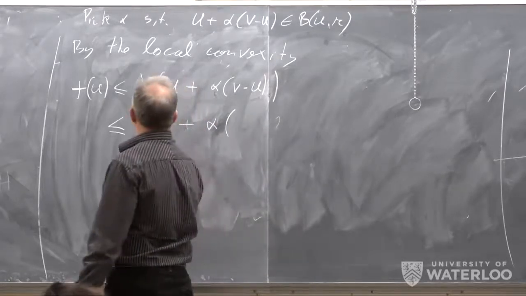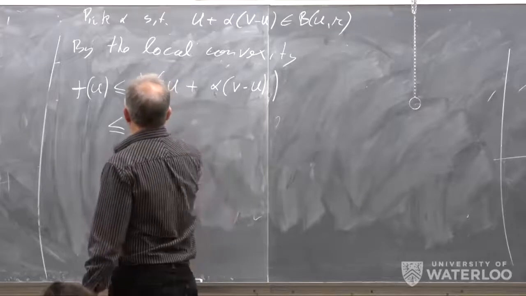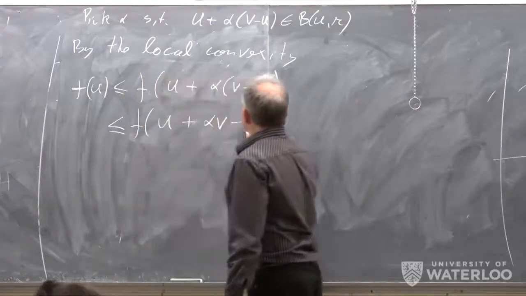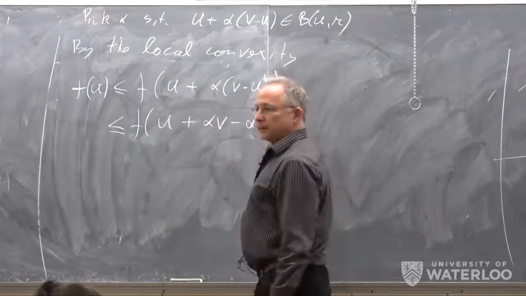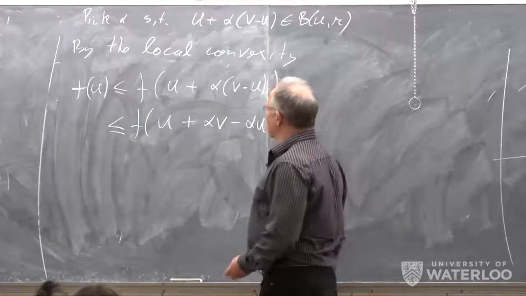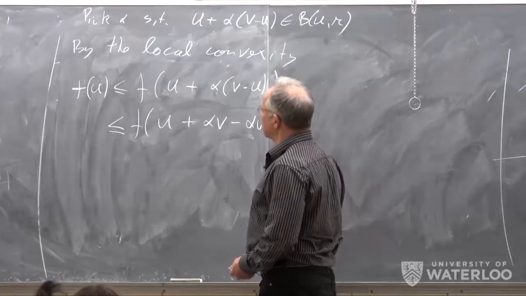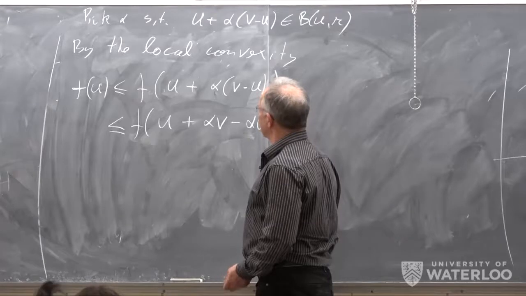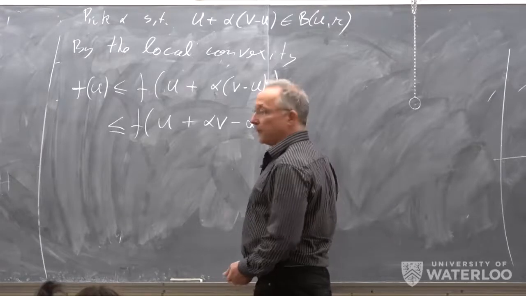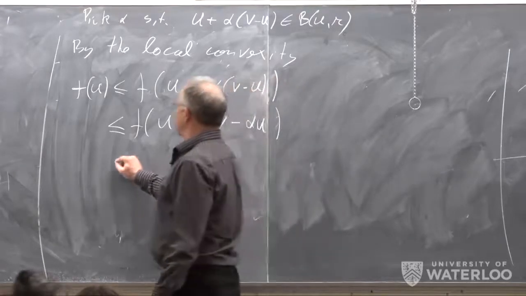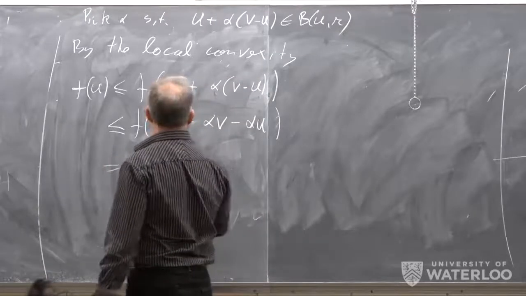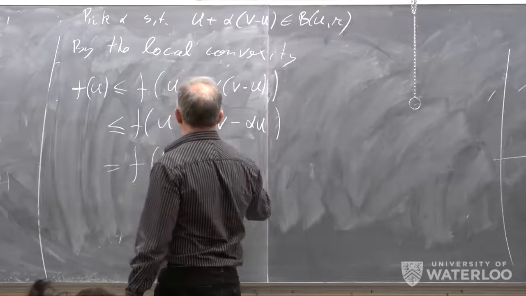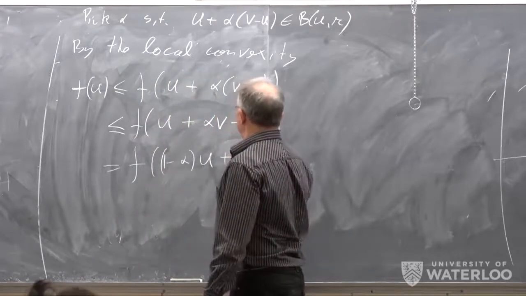Or let me just rewrite it. So this is f of u plus alpha v minus alpha u. So I can rewrite it as f of 1 minus alpha times u plus alpha times v.